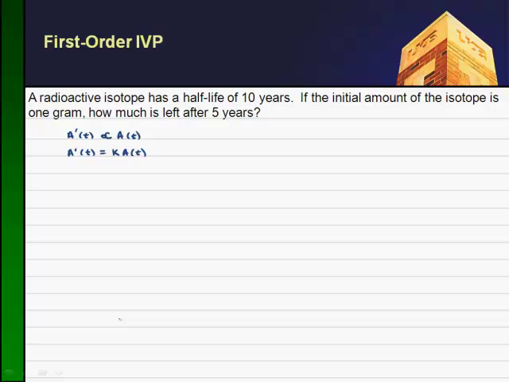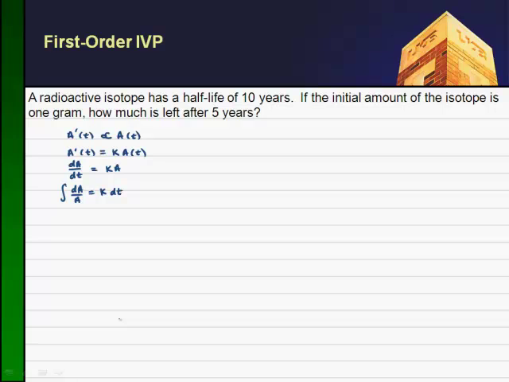In a separable technique, I'll write A prime as dA by dt is equal to Ka, where I've dropped the independent variable t. And if I separate this out, I get dA over A is equal to K dt.